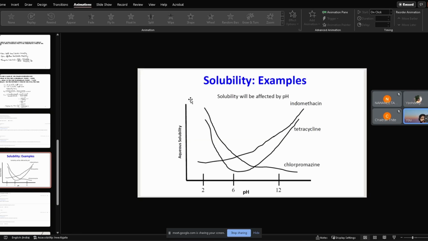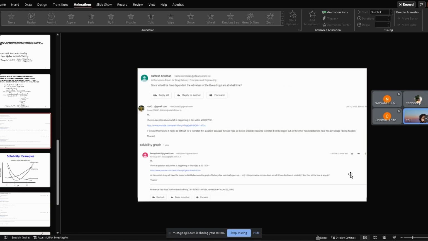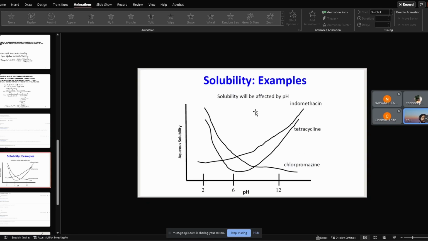If the person is around, maybe they can jump in and try to re-ask this question. But this will not be true at any pH. Different drugs have different solubilities at different pHs.